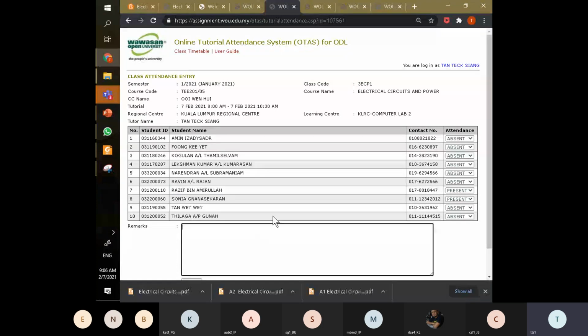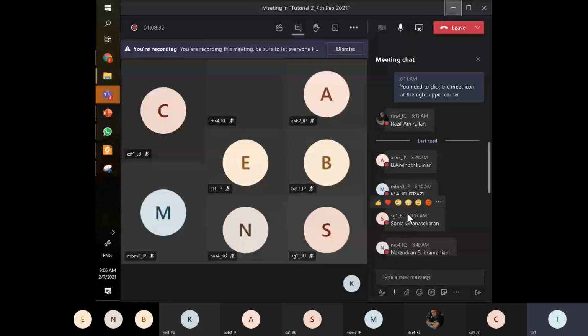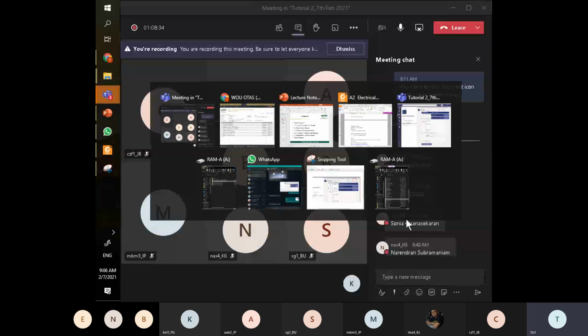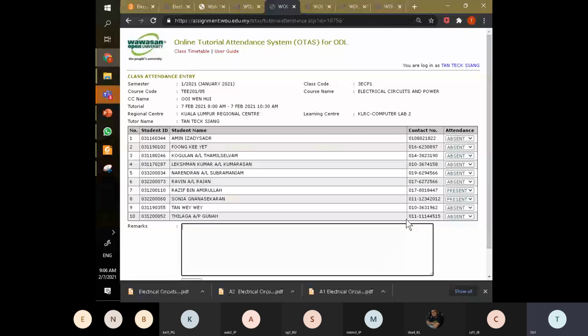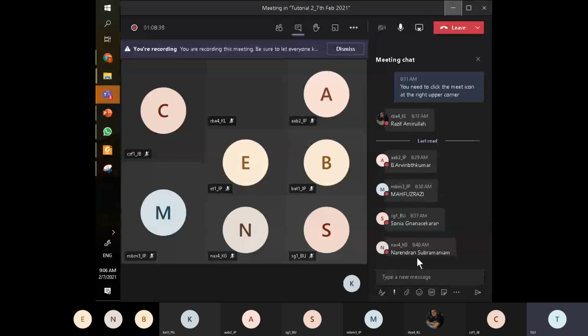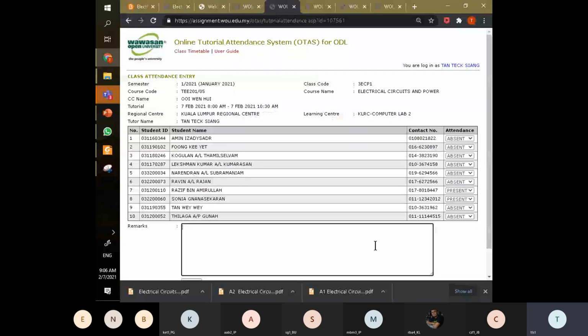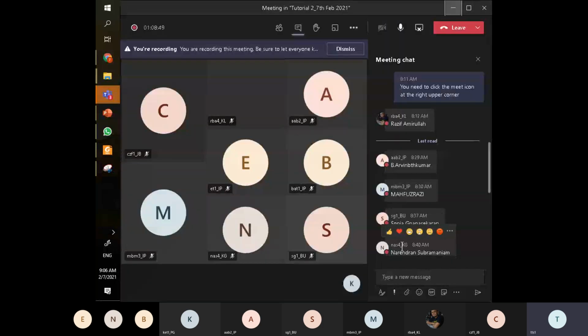Strange, how come you say BU, not KL? For KL students, they have multiple regions here, but for Ipoh and the rest of the regions it's quite clear, like IP or JB.